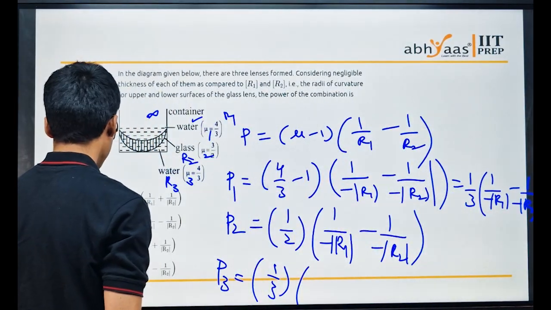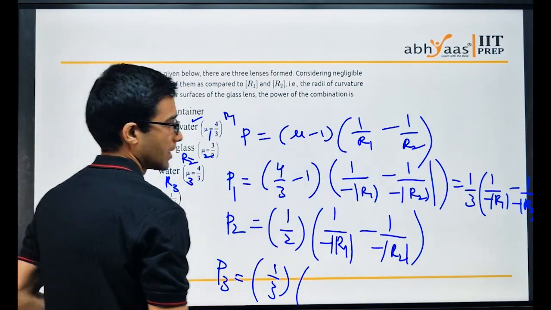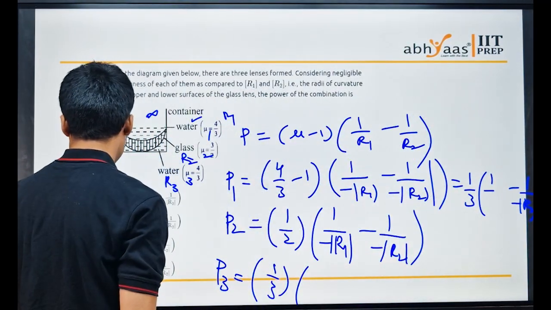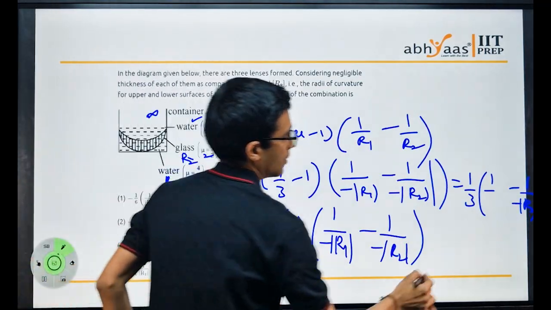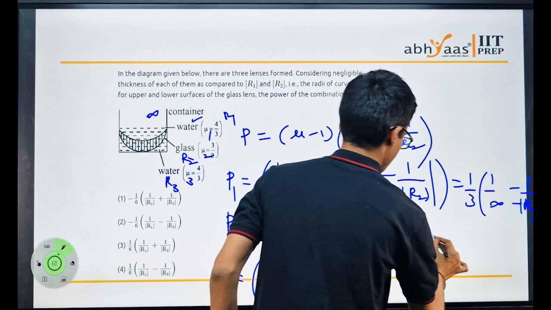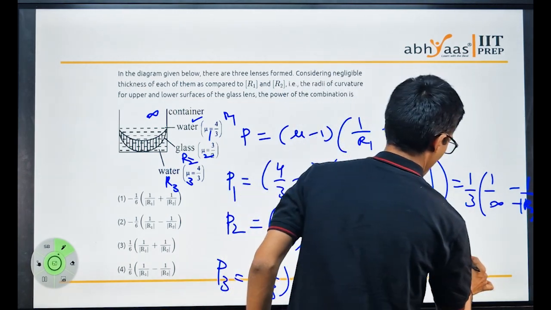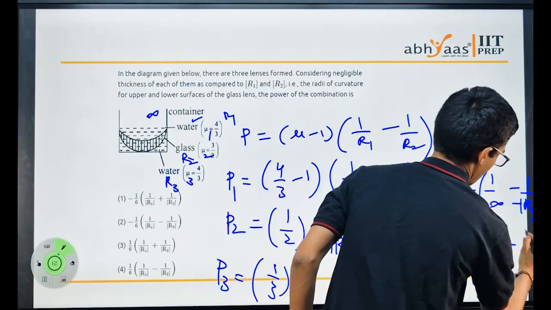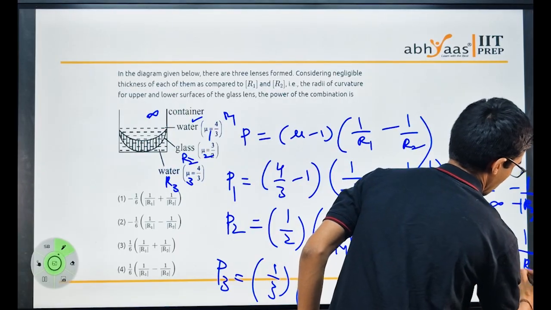I will do the calculation simultaneously. 1 by infinity, you know that it's 0. Here 1 by 2 into 1 by minus R1, minus R2.